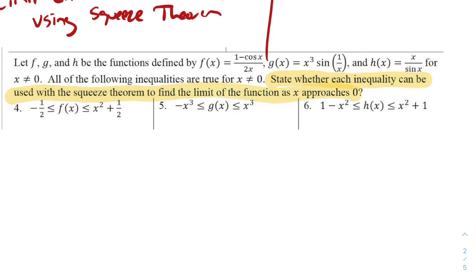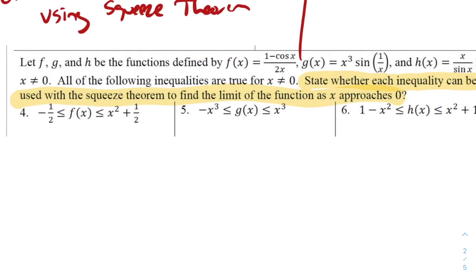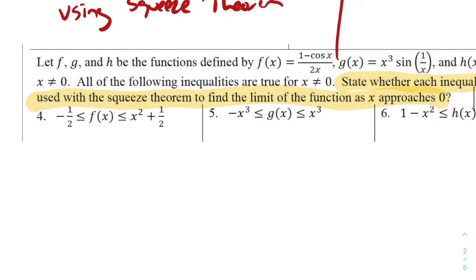They're not actually asking us to find out what the limit is necessarily. They just want to know, can we actually do it? And they're asking us to find the limit of the function as x approaches 0. In this case, the -1/2 just is what it is. It's not changing.